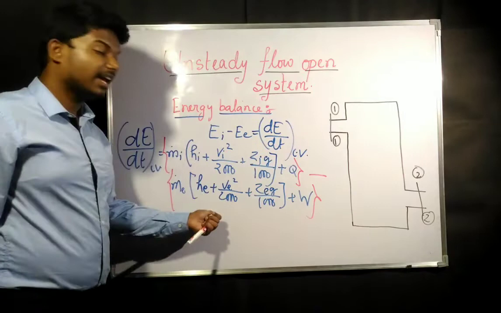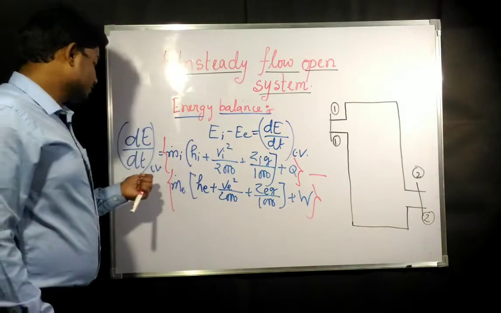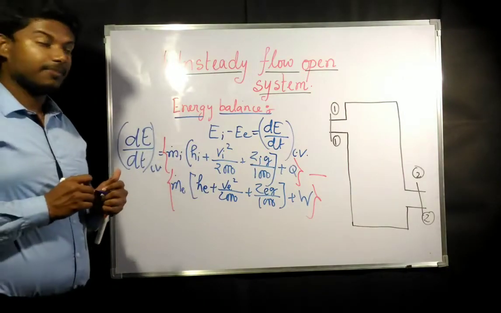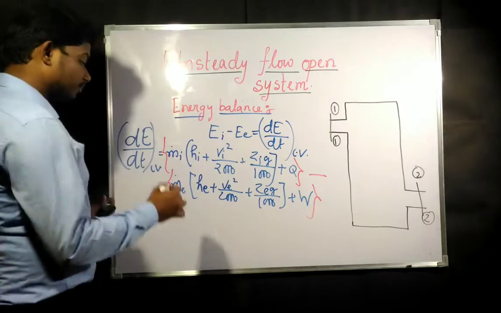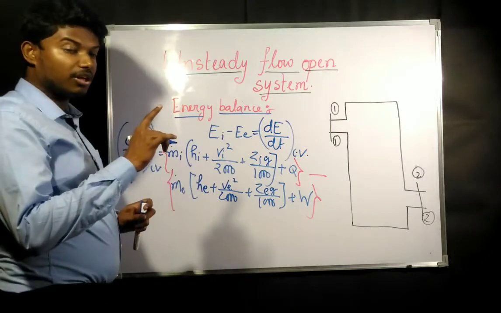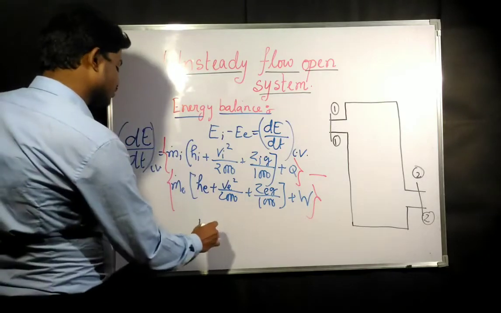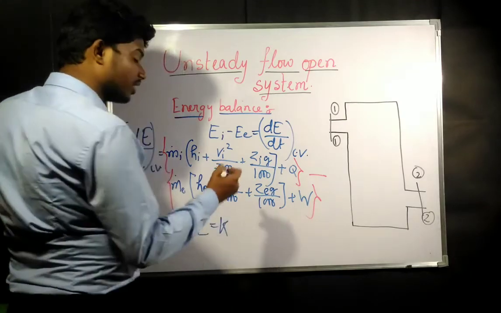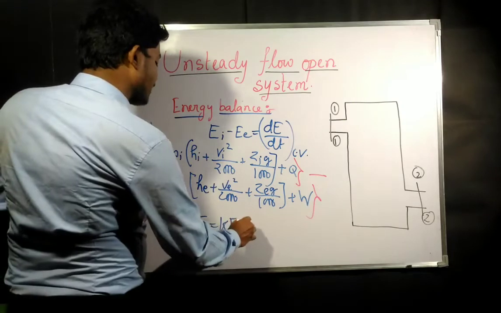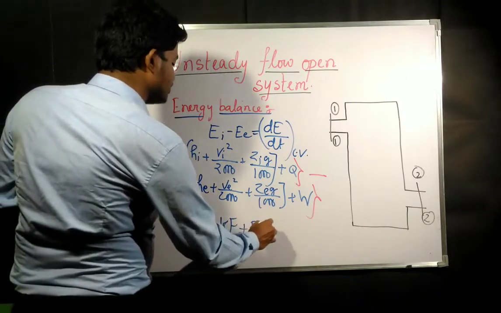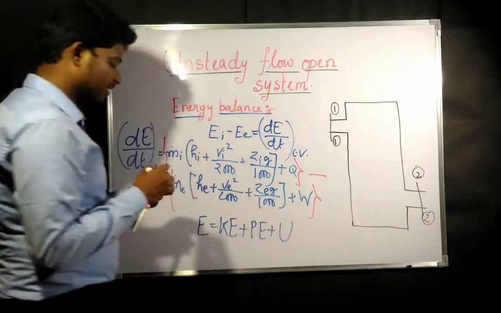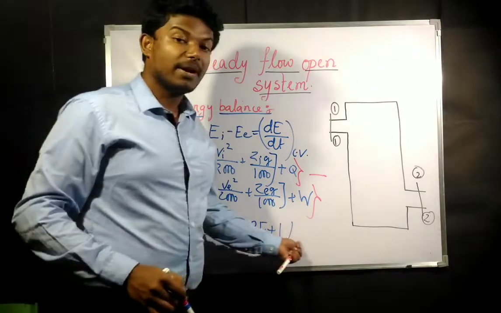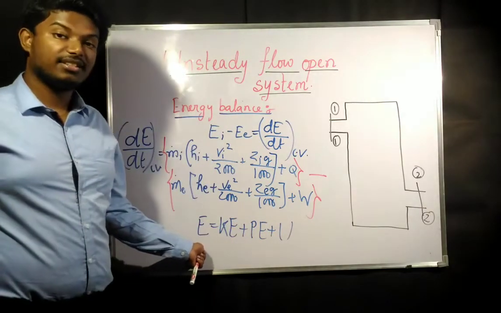In the system, the energy accumulation is given by this equation. Now if you remember, in the first law of thermodynamics we discussed that the energy of a system comprises three energies: kinetic energy, potential energy, and internal energy. These three energies combined become the energy of a system.